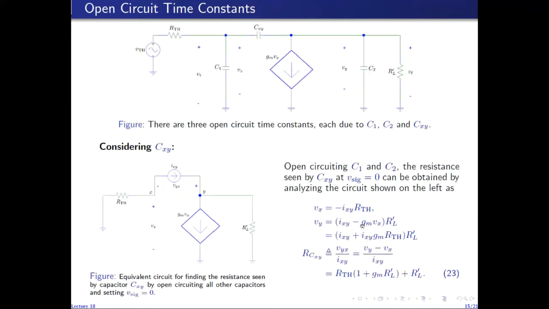So we put the value of Vx in here, and this is what we get. So the resistance seen by the capacitor CXY is given by Vyx, which is the voltage at this node with respect to this node, divided by Ixy. So Vyx is given by Vy minus Vx. So putting these two expressions in here and simplifying, we get the resistance seen by the capacitor CXY to be given by this expression. That is, it is given by R7N, GM, and RL prime.